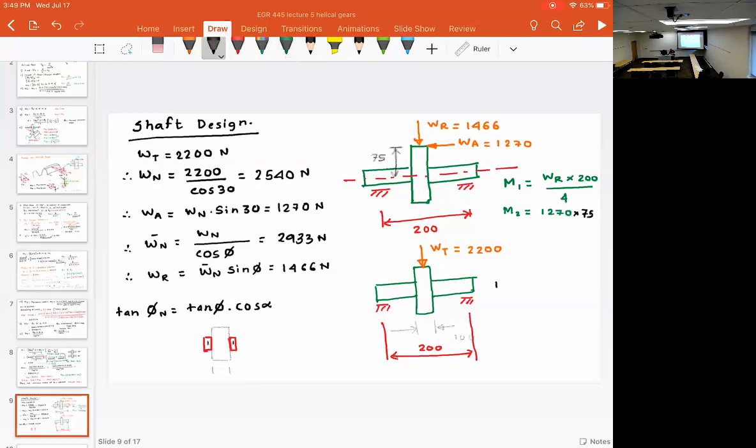And here there is M3, which is WT multiplied by 200 divided by 4.